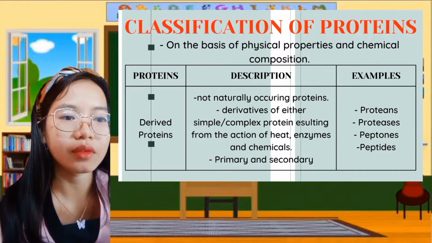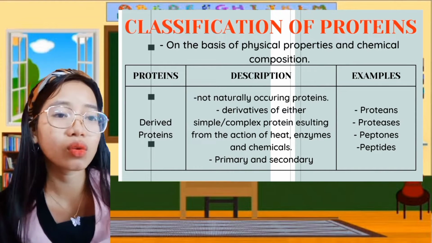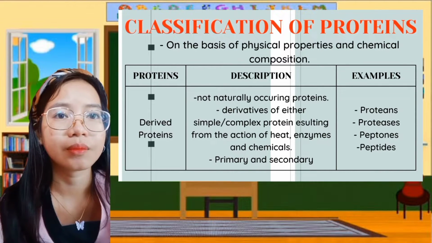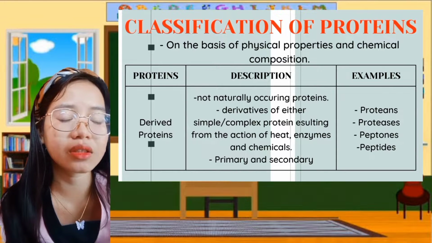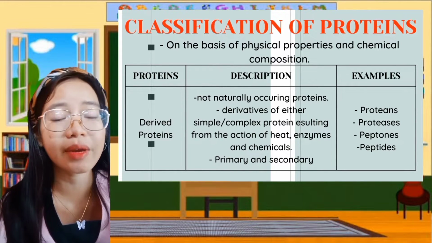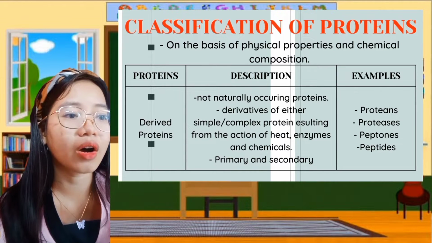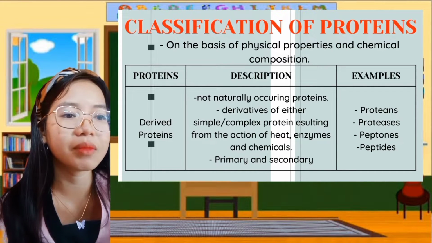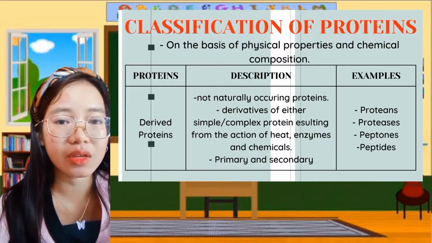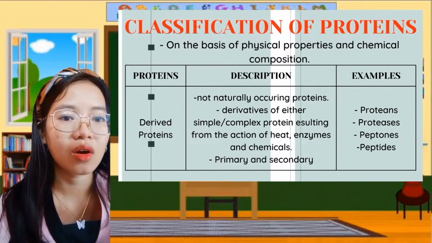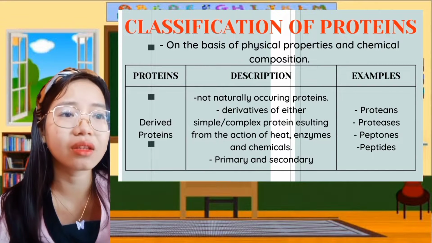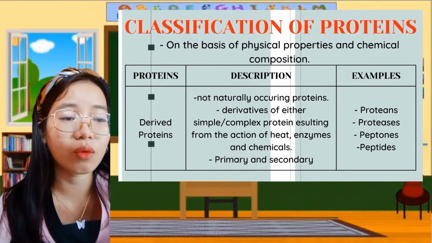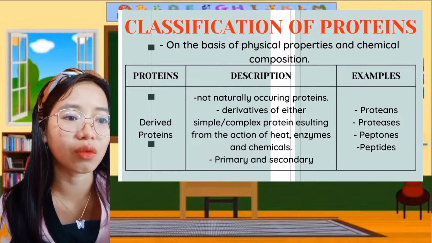Okay, and that results in altering the size of the protein. And this secondary derived protein is produced by the action of dilute acid or digestive enzymes when the hydrolysis proceeds beyond the level of metaprotein. Okay, if the primary derived protein is insoluble in water, this secondary derived protein is soluble.